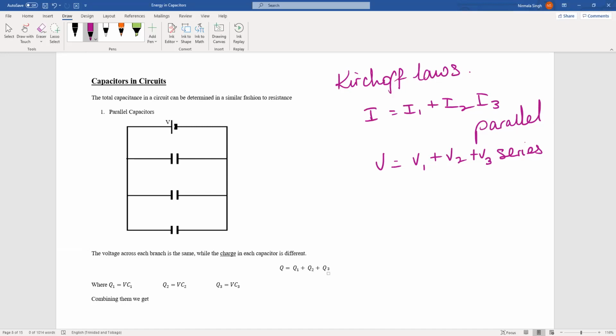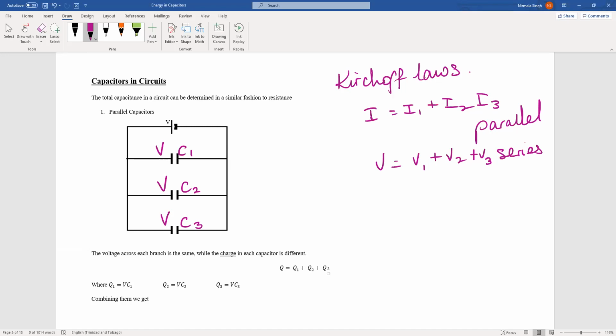So I have a voltage here. My voltage of my power supply is V. And since this is a parallel circuit, your voltage across each branch is the same. I will have capacitance 1, capacitance 2, capacitance 3.